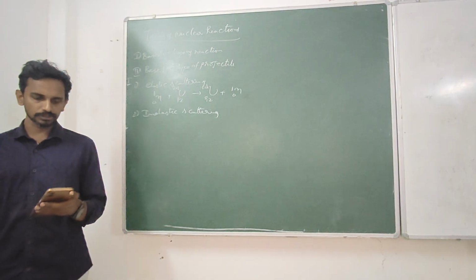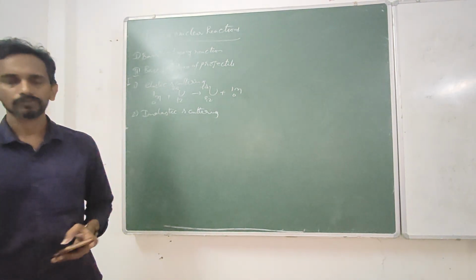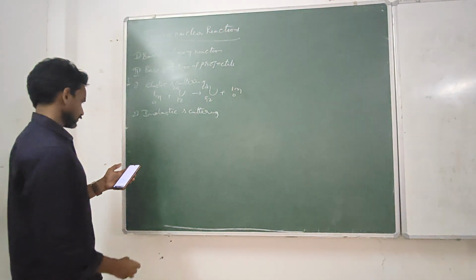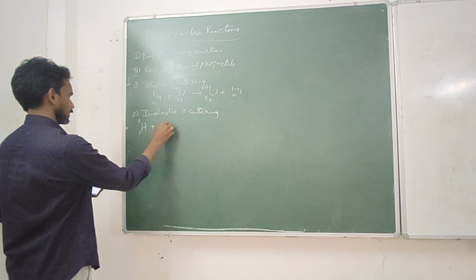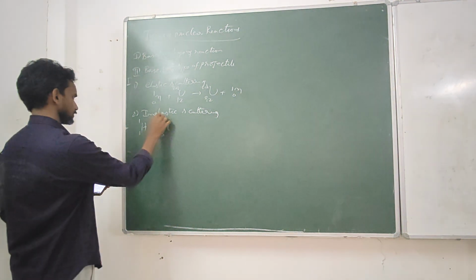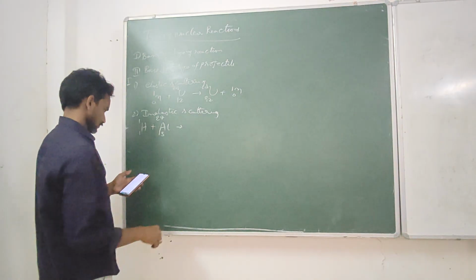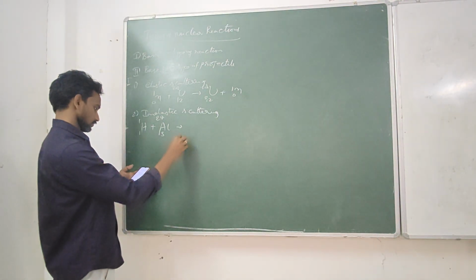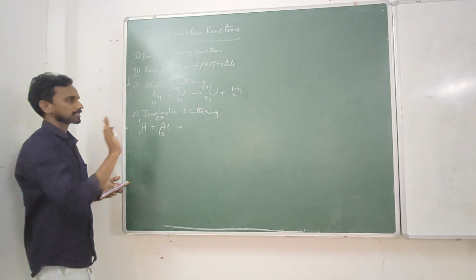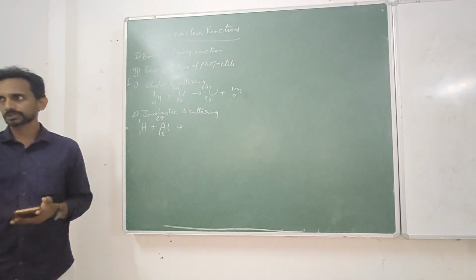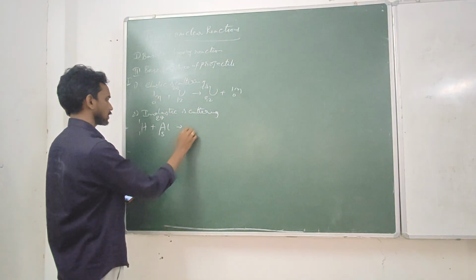So we may at once get a photon. So example, H11 plus Al 1327 gives you, so still it is a kind of scattering interaction only. So atoms are keeping their identity, but there is a small transfer of energy.